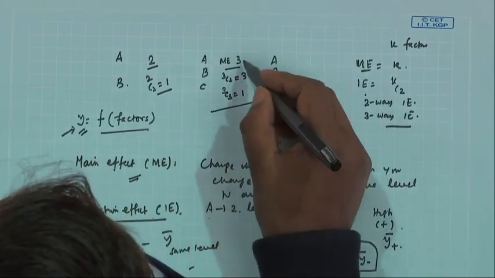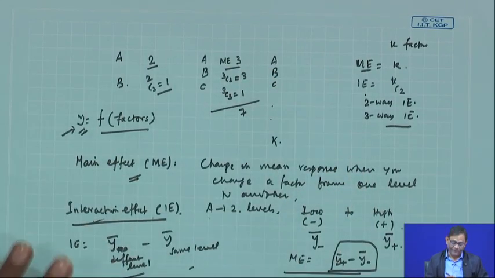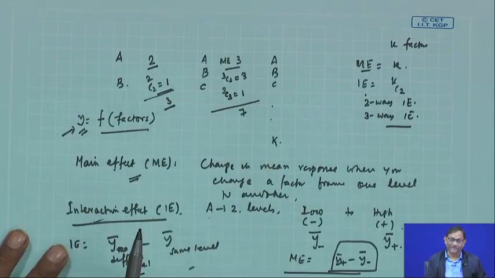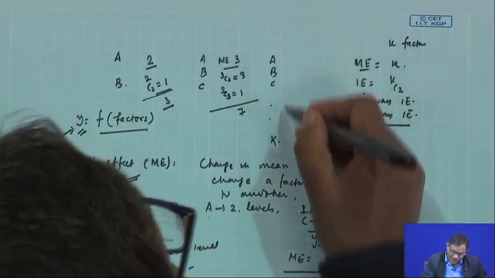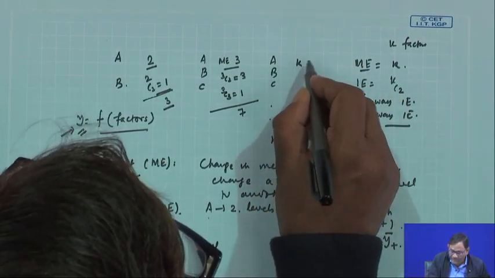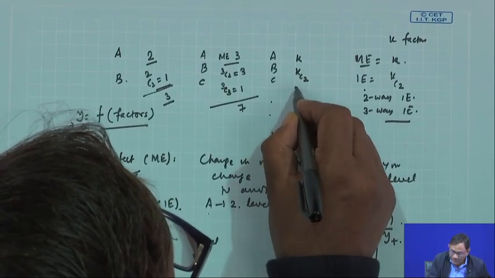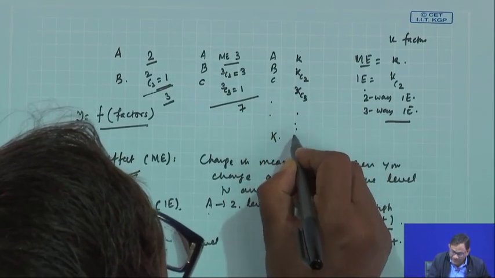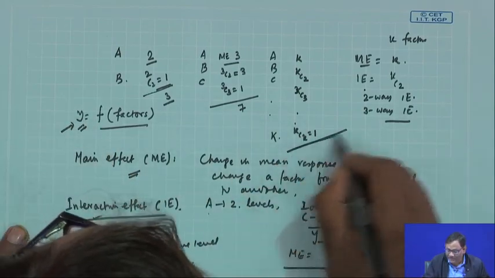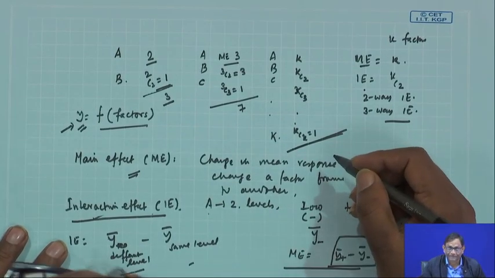So, effectively 3 plus 3 plus 1, 7 effects you have to estimate, and in the 2-factor case 3 effects you have to estimate. If you go for k factors, main effects will be k, 2-way will be k C 2, 3-way will be k C 3, and like this, k C k, the last, will be 1. So, you will have a large number of effects to be estimated.